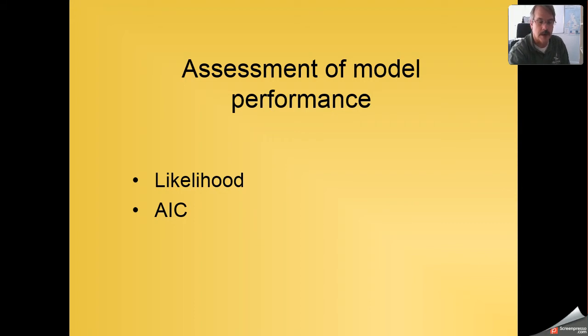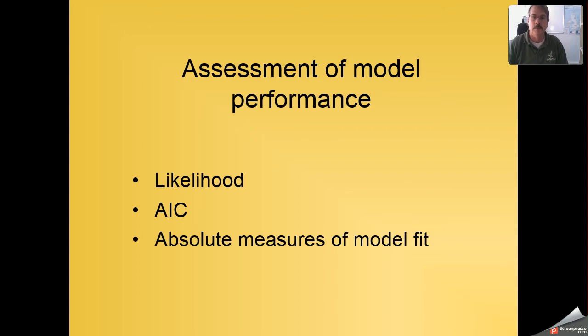We can use it to contrast a suite of models. But in addition to that, we also want to be able to do an exact or an absolute measure of fit to determine whether the model that we have produced is an adequate description of our data.